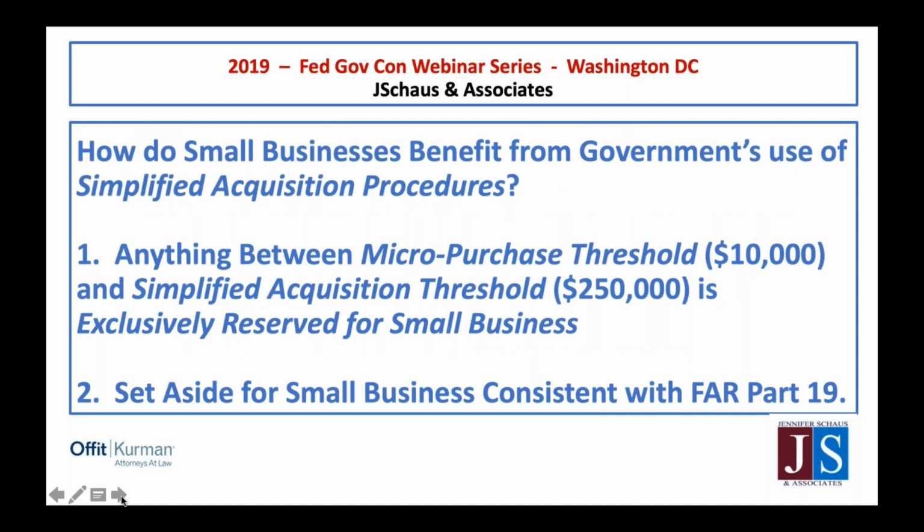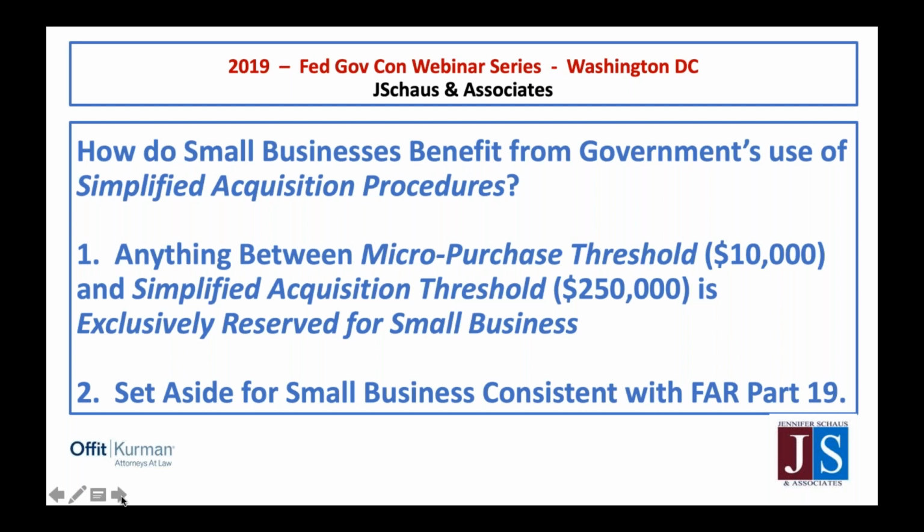Using SAP, or Simplified Acquisition Procedures, does that because, as set forth in the Federal Acquisition Regulation, anything between the micro purchase level, which is that $10,000 level that we discussed, and the simplified acquisition threshold, which will soon be the $250,000 that we discussed, those contractual opportunities are exclusively reserved for small business. They are generally competitive, and they are reserved and set aside for small business.